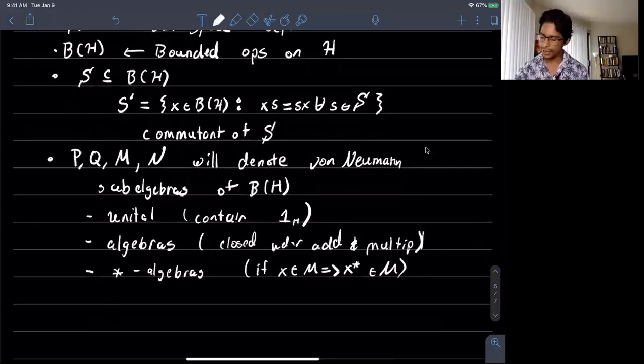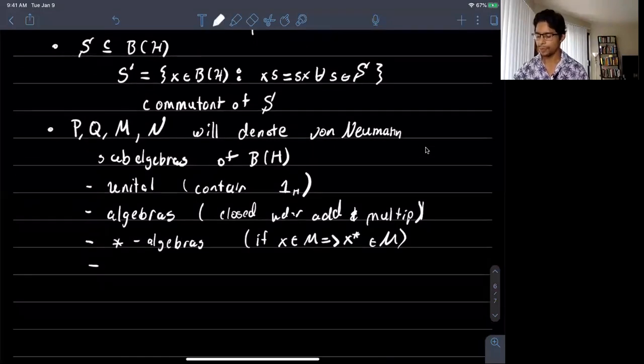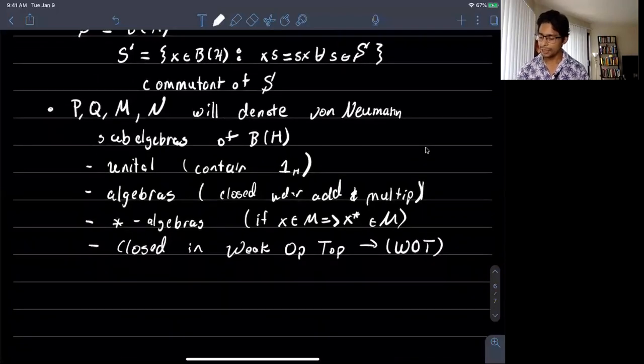And finally, the real defining feature of all this is that these algebras are closed in the strong operator topology or the weak operator topology. Let's just write, I'll choose the weak operator topology, abbreviated WOT. What does this mean?